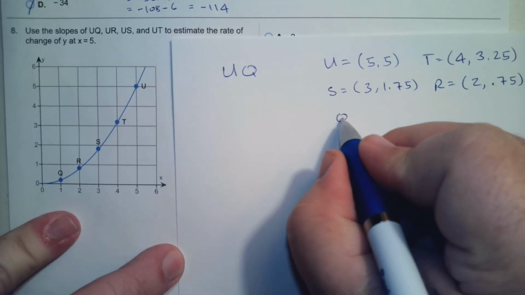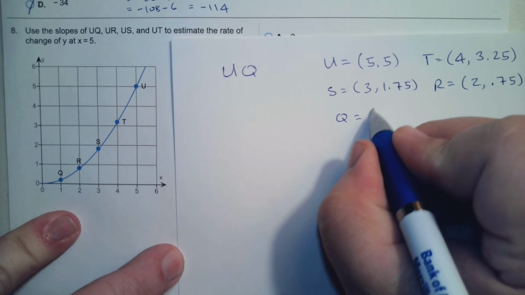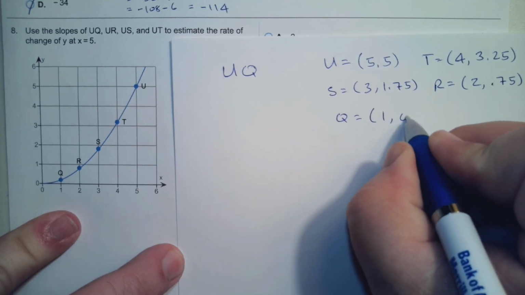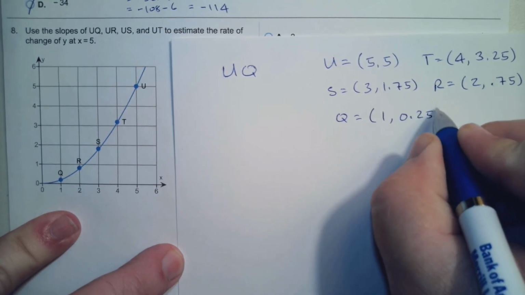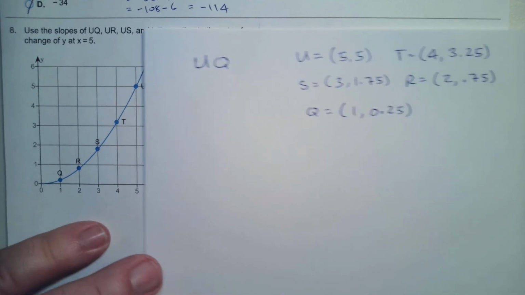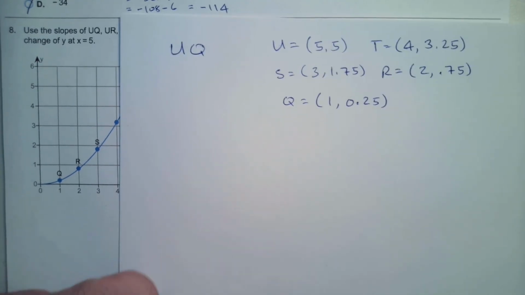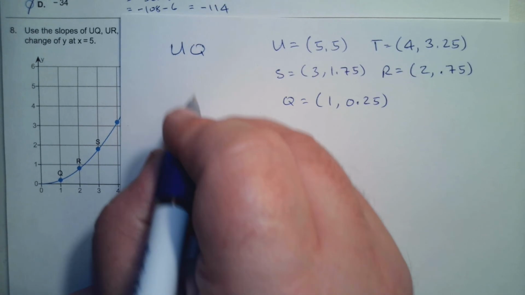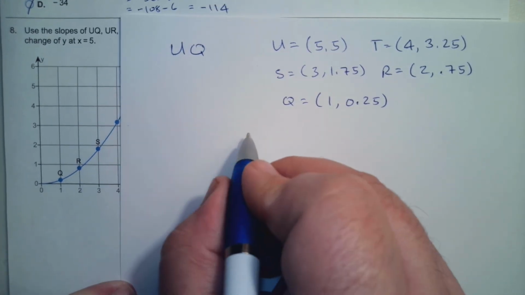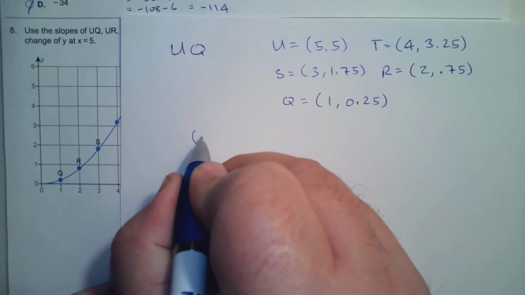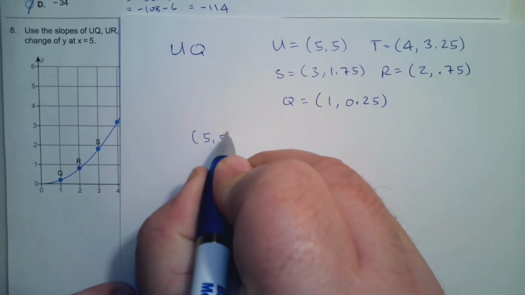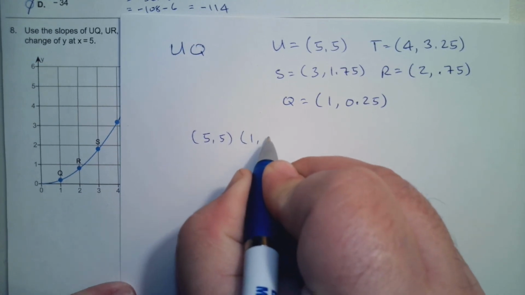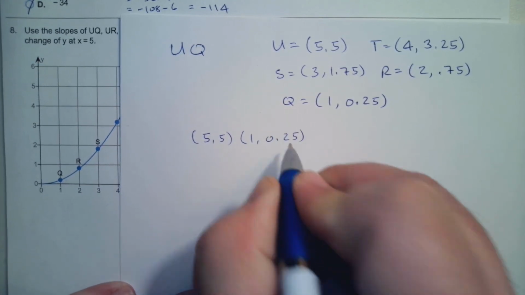And the point Q is at 1, 0.25. So the first thing is UQ. So we're looking at the points 5, 5 and 1, 0.25.